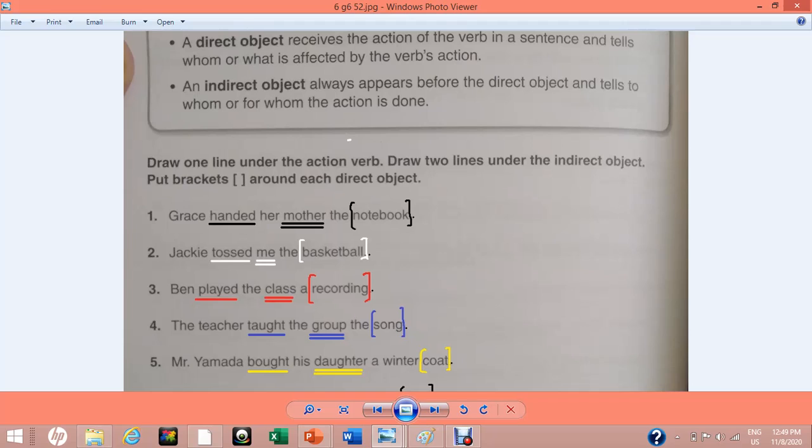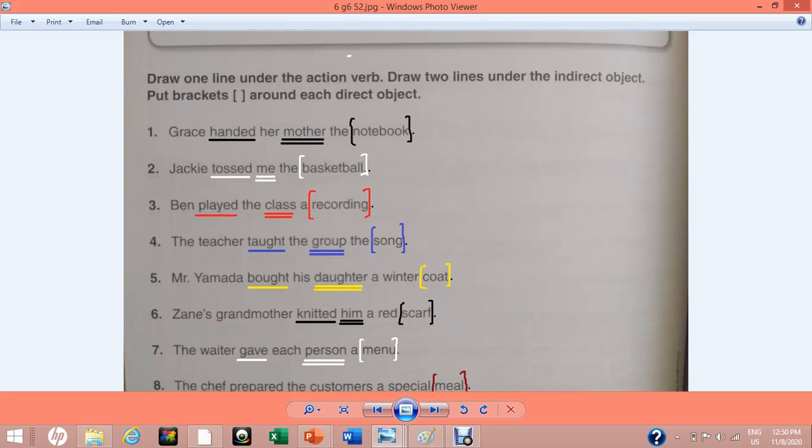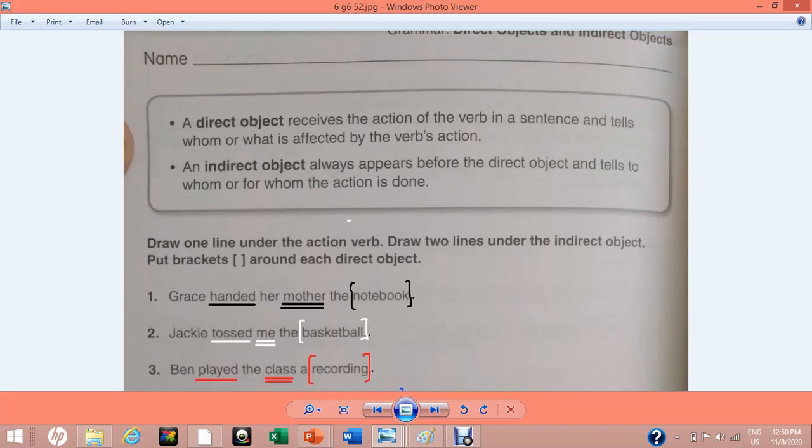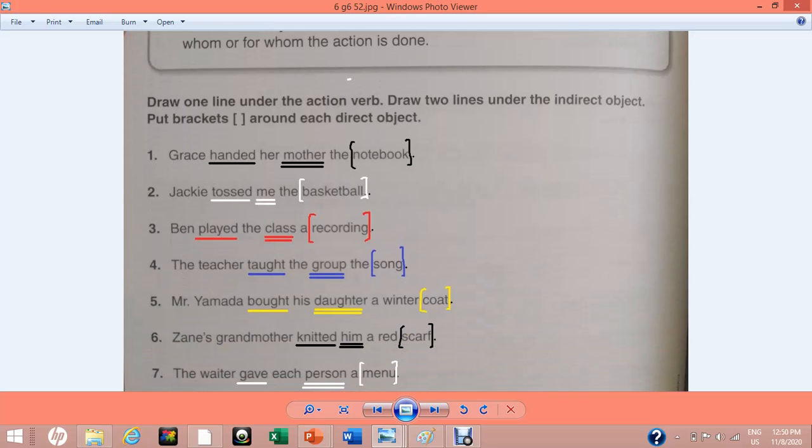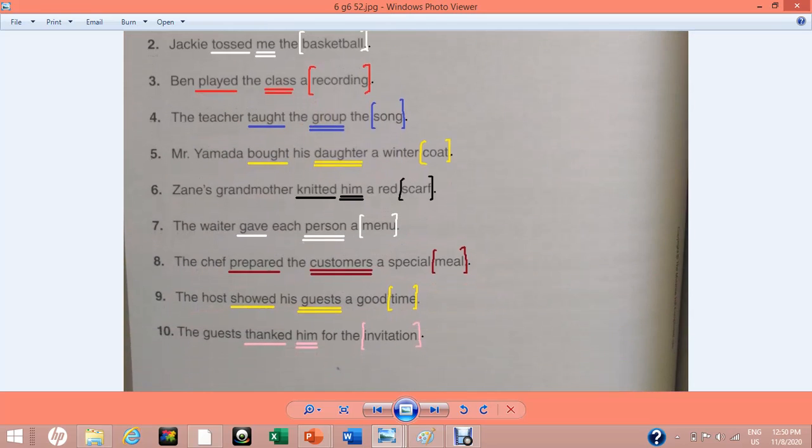If you are going to write sentence number 2 by modifying the order of the words, Jackie tossed the basketball to me. Even in that case, the basketball will remain a direct object while me will become an indirect object as usual. Keeping in view the principles of direct and indirect objects, you are going to segregate all the words here grammatically.